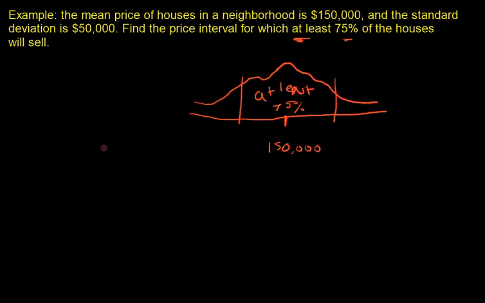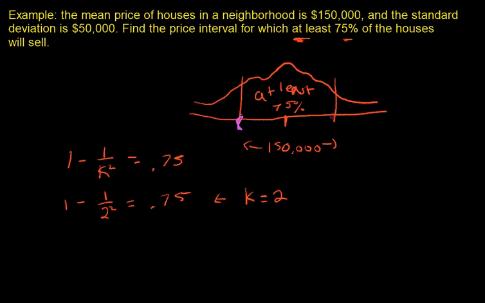We know 1 minus 1 over k squared is going to be whatever this percentage is, so this will equal 0.75, at least 75%. We just showed that when k is 2, 1 minus 1 over 2 squared is 0.75. So k must be equal to 2. I need to go 2 standard deviations above and 2 standard deviations below in order to figure out this interval.